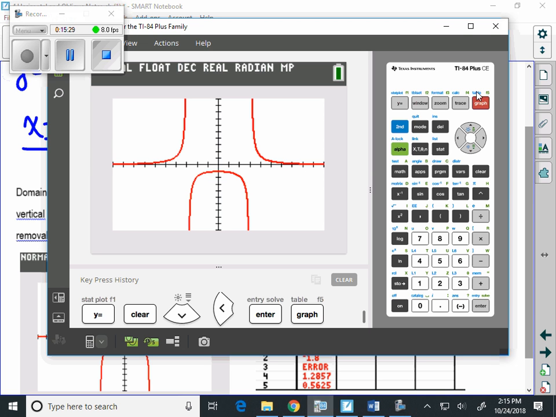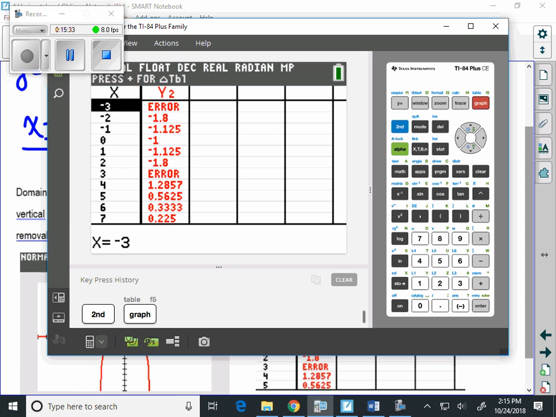We can look at the table here, and we see a couple of interesting things like errors in there. But what you might notice here with the errors is what they coincide with. So we've got an error at -3 and we've got an error at +3.